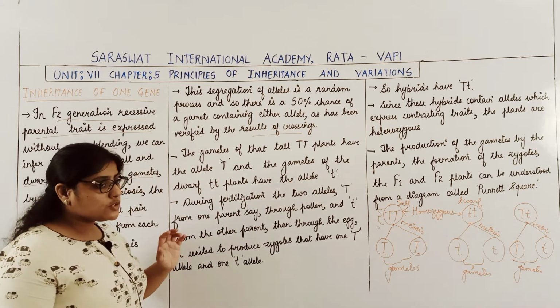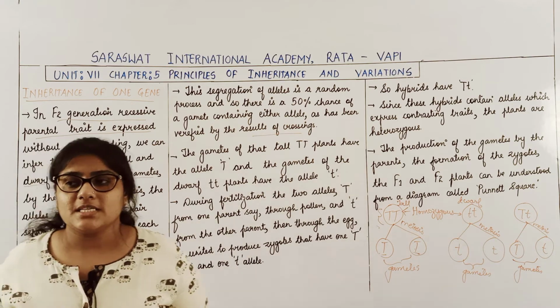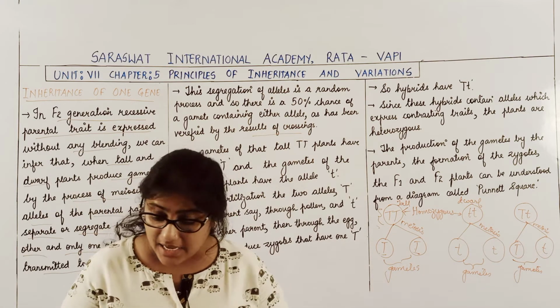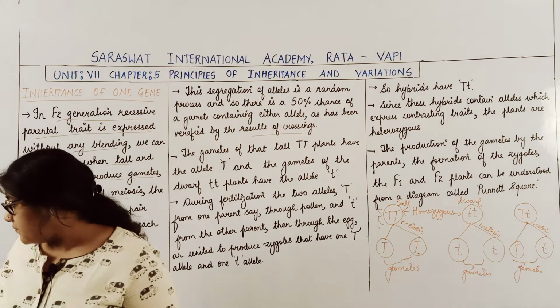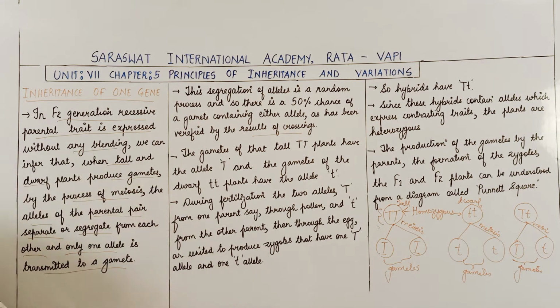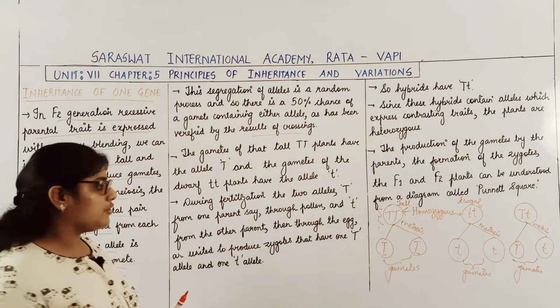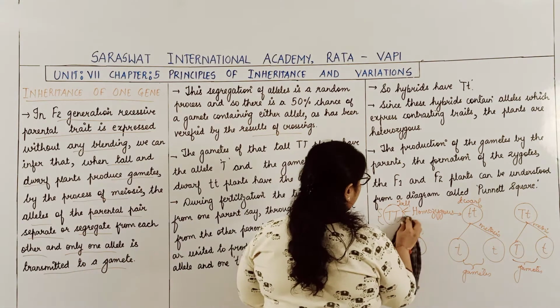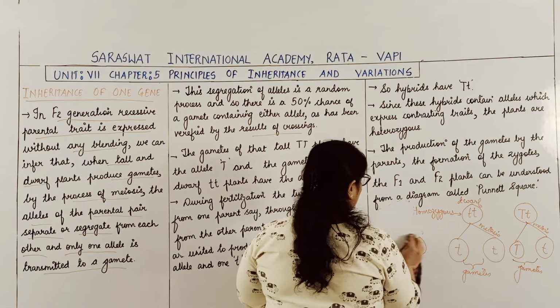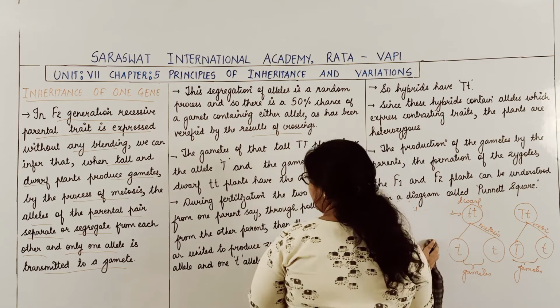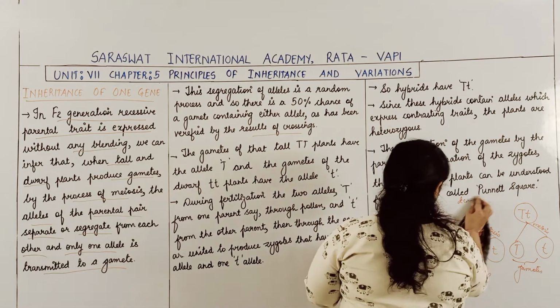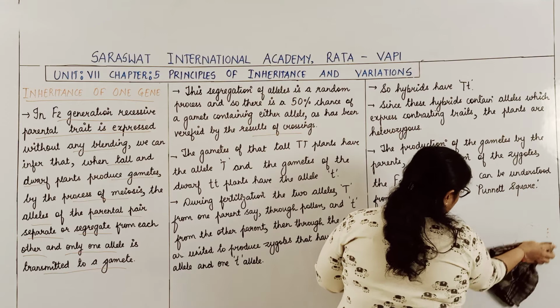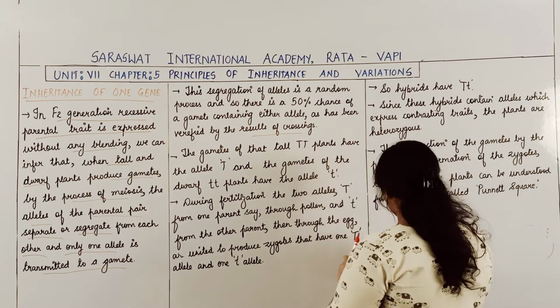Now students, at the time of sexual reproduction, the gametes are formed. But after the formation of gametes, what occurs? There will be the fusion of the gametes. So what happens during the process of fertilization?